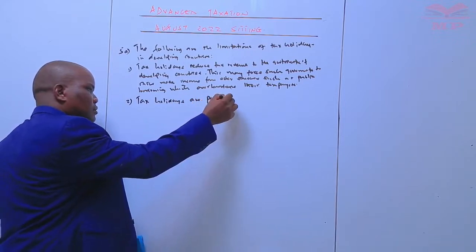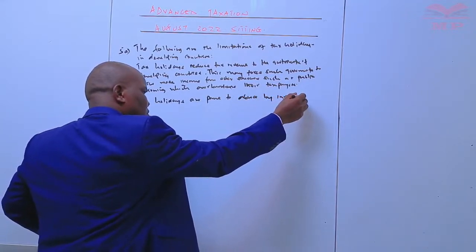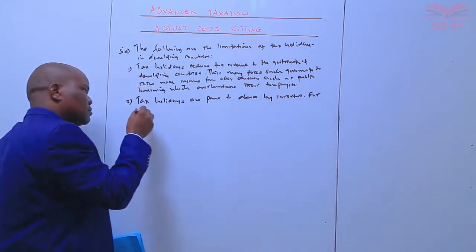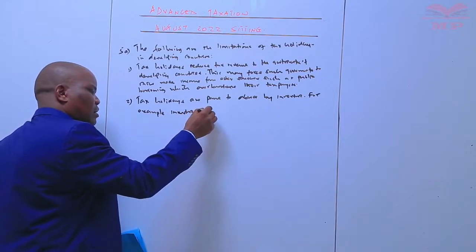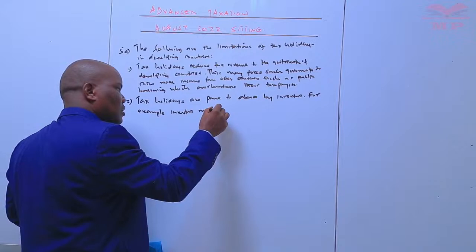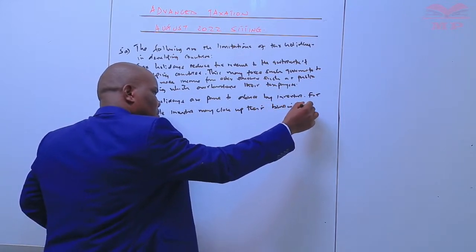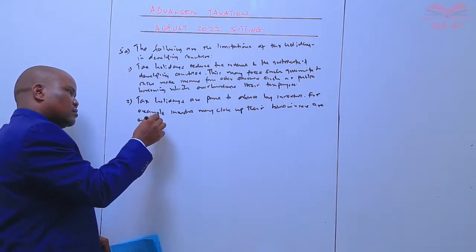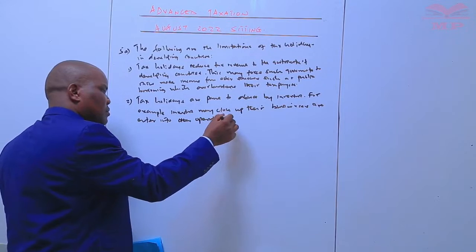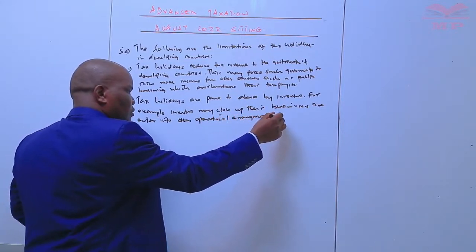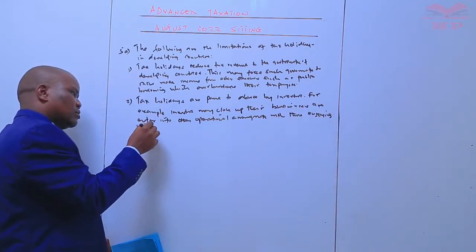Number 2, you can say that tax holidays are prone to abuse by investors. For example, investors may close up their businesses and enter into other operational arrangements with those enjoying the exemption.